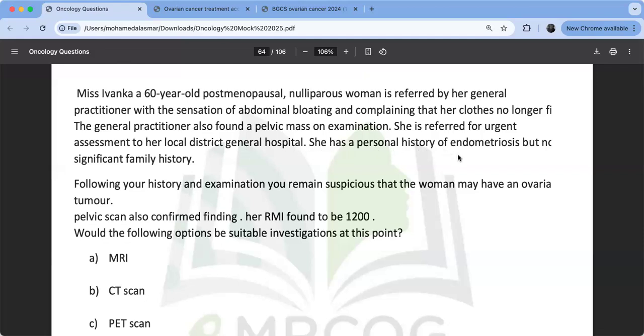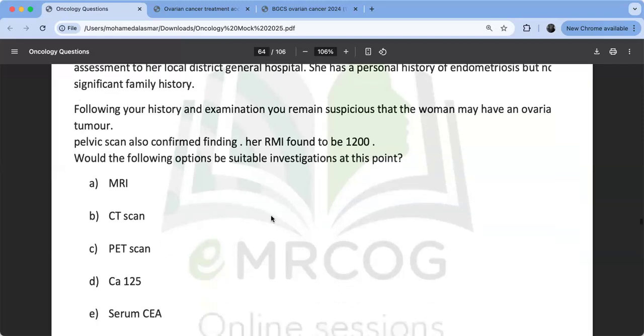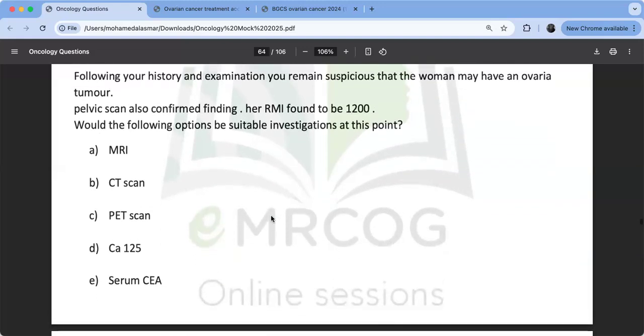She had personal history of endometriosis, but no significant family history. Following your history and examination, you remain suspicious that the woman may have an ovarian tumor. Pelvic scan also confirmed the finding. RMI found to be 1,200, very high. Which of the following options would be a suitable investigation at this point?